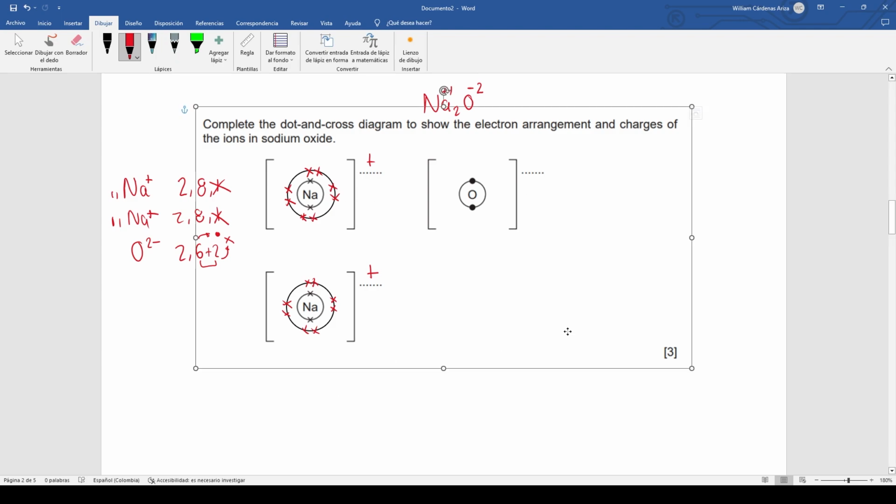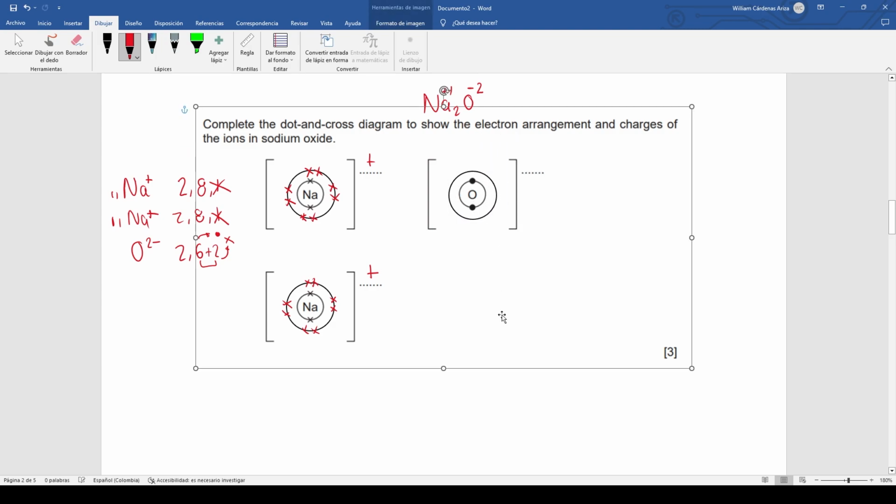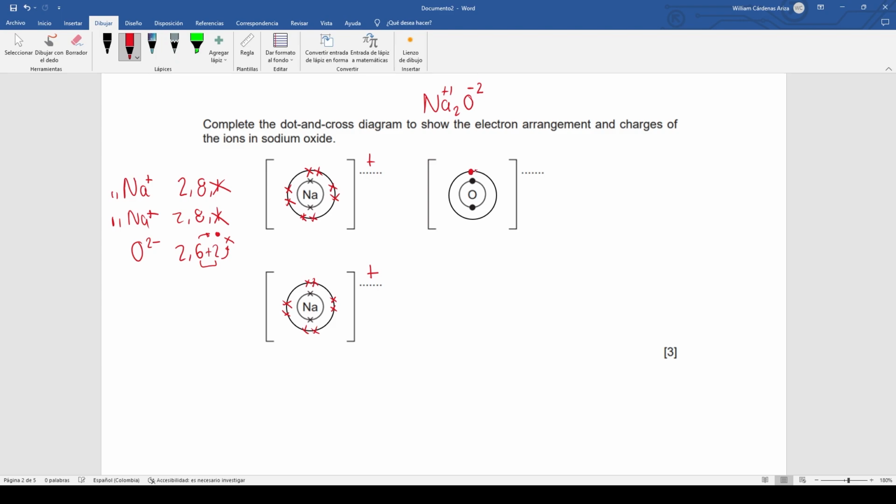So in the outer shell of oxygen, we will need to put 6 dots that are the valence electrons of oxygen, and 2 crosses, each cross from 1 sodium. So here, since it got 2 electrons, we have 2 extra negative charges. Okay, that's pretty much it.